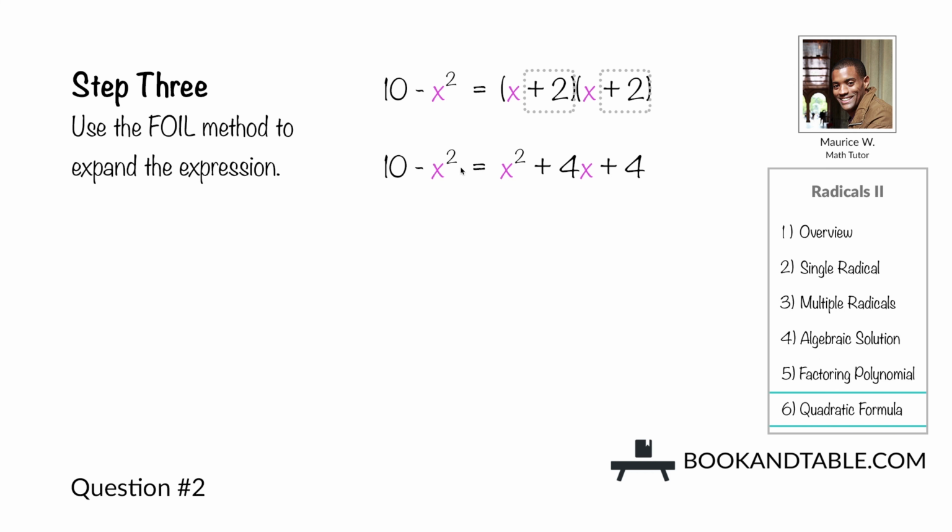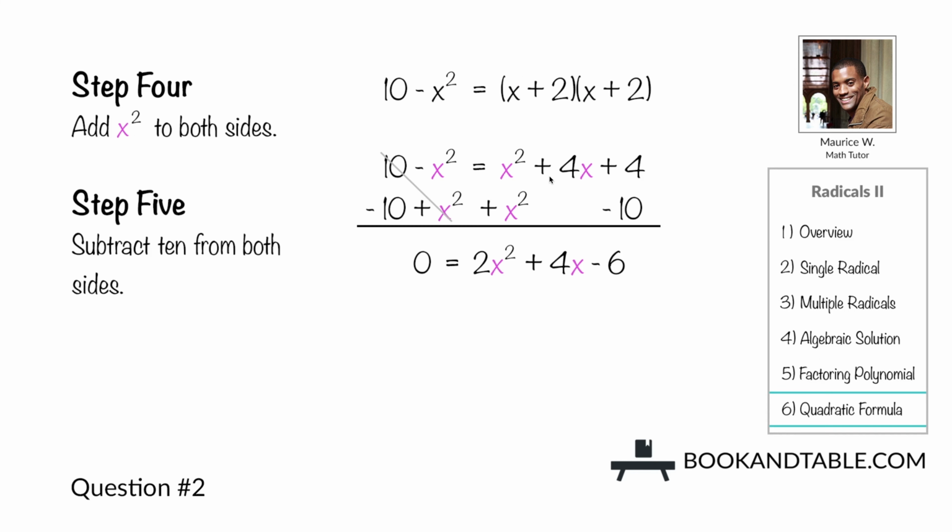We want to have 0 on one side, so we're going to subtract 10 and add x squared to both sides. So those are step 4 and step 5. Add x squared to both sides and subtract 10 from both sides, leaving us with 0 on the left side is equal to x squared plus x squared, which is 2x squared, plus 4x, and then 4 minus 10 is negative 6.